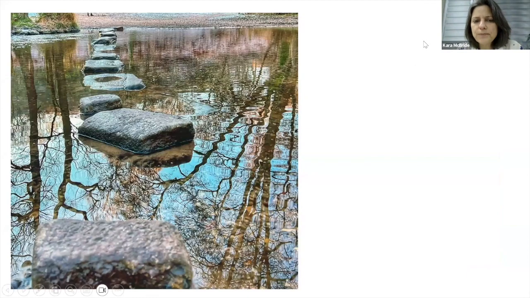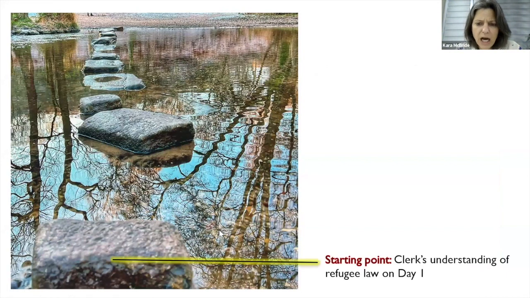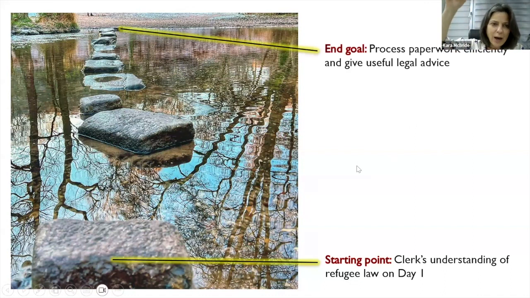So for example, let's say that I have to train some clerk who needs to do something with refugee law. This first stone is where the clerk's knowledge and understanding is at the beginning, before the training. And then where I want to end up is at the other side.